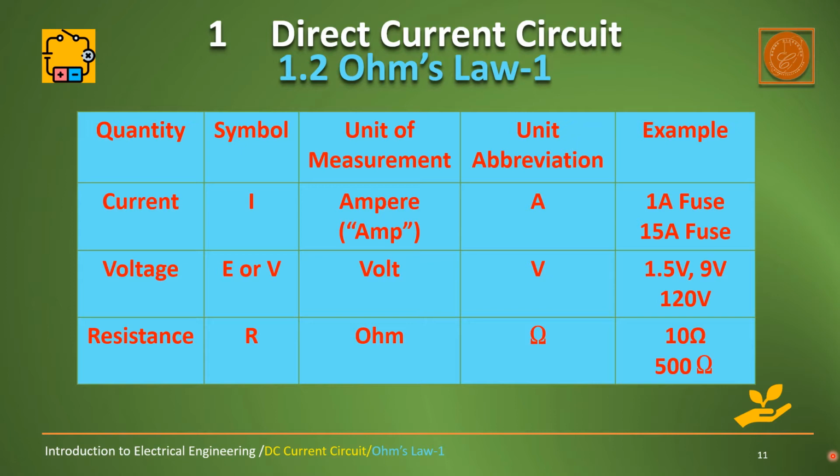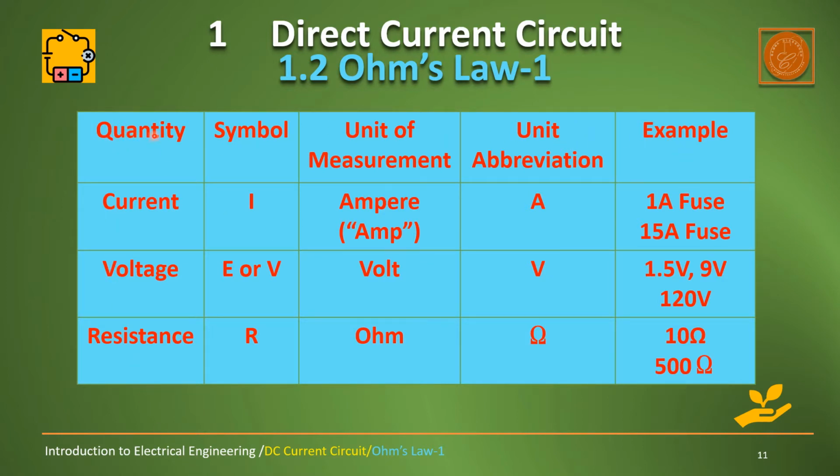The unit abbreviation for each quantity represents the alphabetical symbol used as a shorthand notation for this particular unit of measurement. Let's take a look at this table.